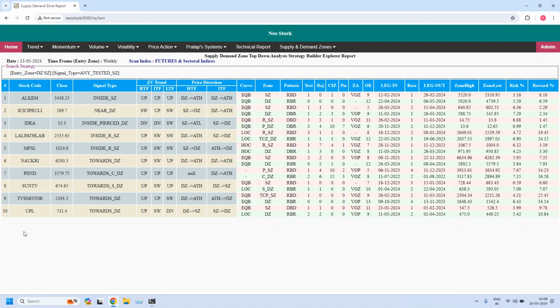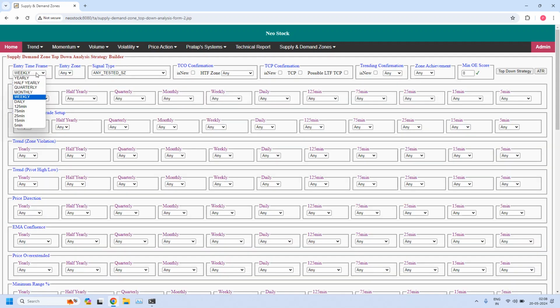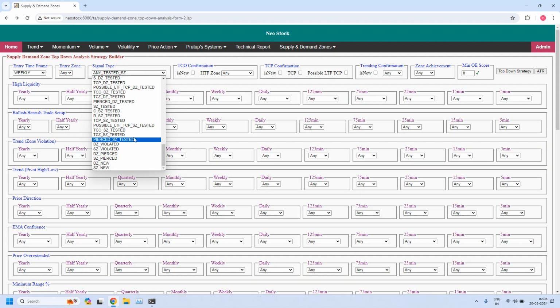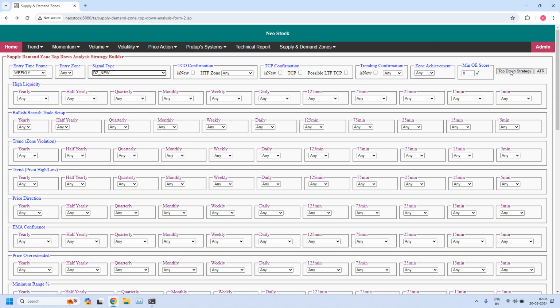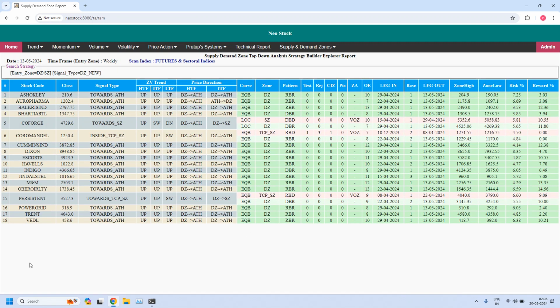Now let us find newly created zones. Weekly time frame. Let's find newly created demand zones during this week. I mean stocks having newly created demand zones. These 18 stocks are having newly created weekly demand zones.